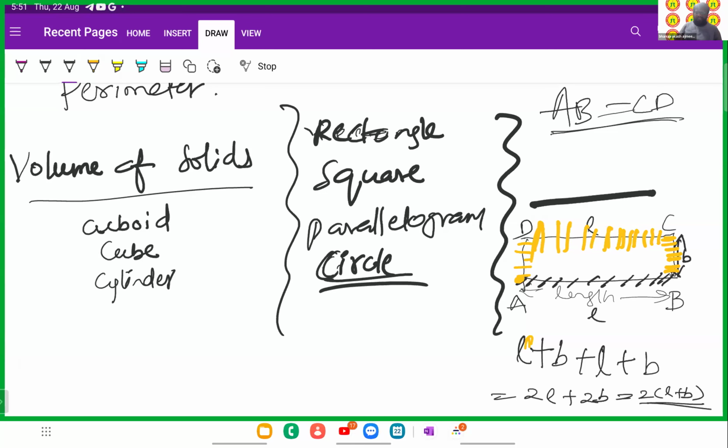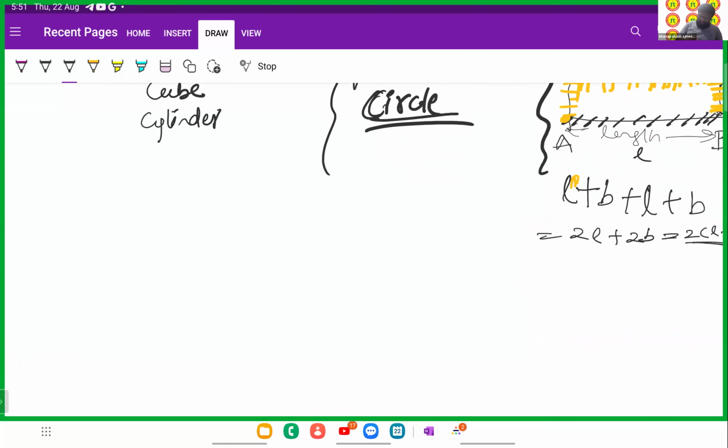Any confusion in understanding this? Please make a note of perimeter. Sir, perimeter means boundary only, no, sir?